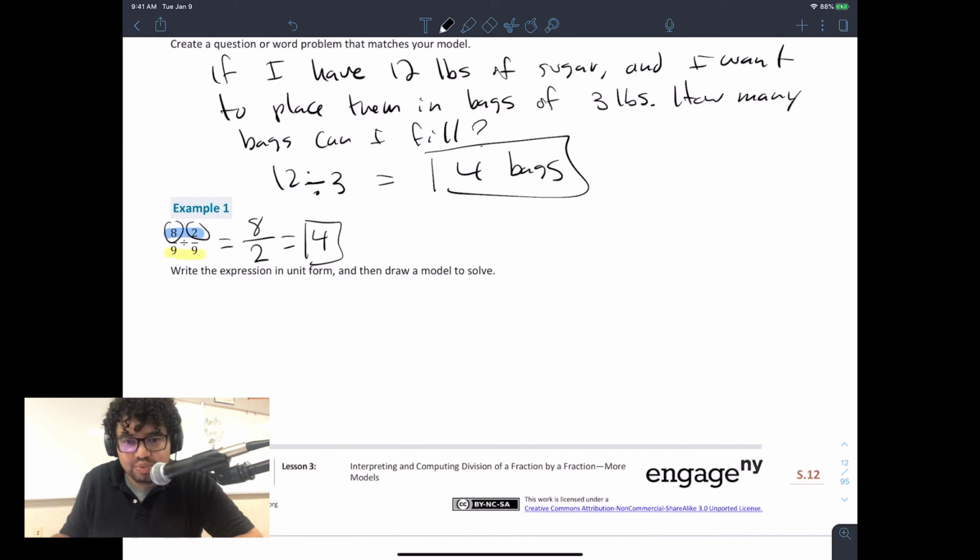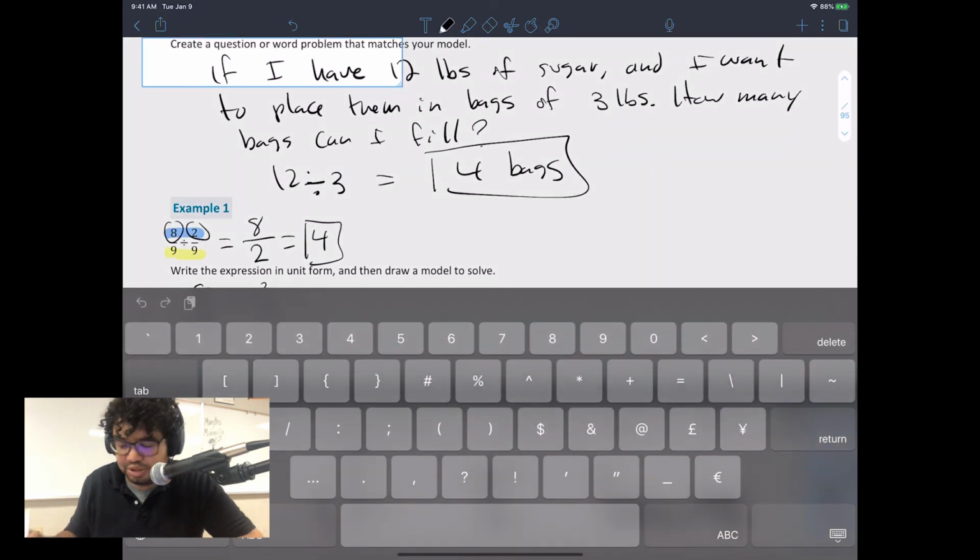This particular example is asking us to write the expression in unit form and then draw a model to solve. We can probably do the keep, change, flip method that we've been using in the previous lessons. So we have 8/9 divided by 2/9. That's my division expression.